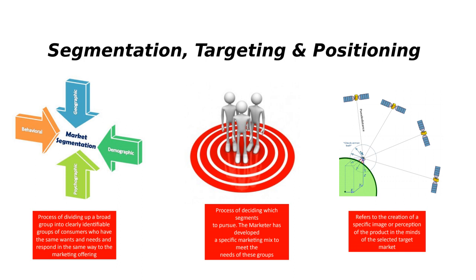Because they have similar wants and needs, and they are very similar to each other, they will respond in the same way to a marketing strategy. Targeting is then, once marketers have grouped people into groups that are similar, deciding which groups they're going to focus on. And positioning is all about how a company wants people to perceive them in the market.